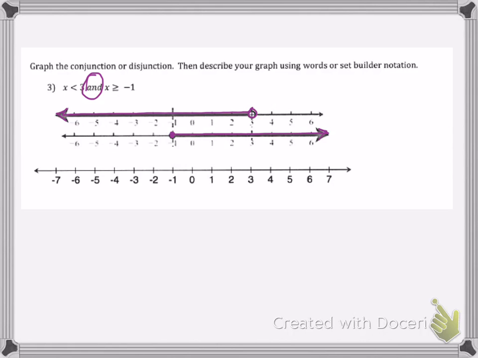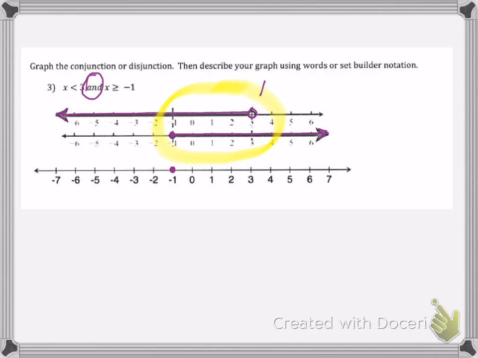Now what we have to do is we have to come up with the graph of the conjunction, the and. So we have to look at where they have things in common. So if you look in this region, that's where they have things in common. They both overlap there. And we can definitely use a closed circle at -1 because they both have values at -1.